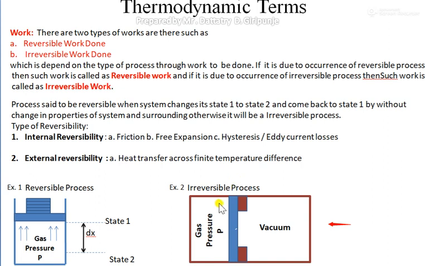So the system will reach the initial state: the pressure of the system will reach the initial state, and the temperature of the system will reach the initial state. But the surroundings have lost the work. Do the surroundings reach the initial state? No, they do not, so that is an irreversible process. In addition, if I consider friction between this piston and the cylinder, then the force I apply to push the piston back to state 1 will be more.